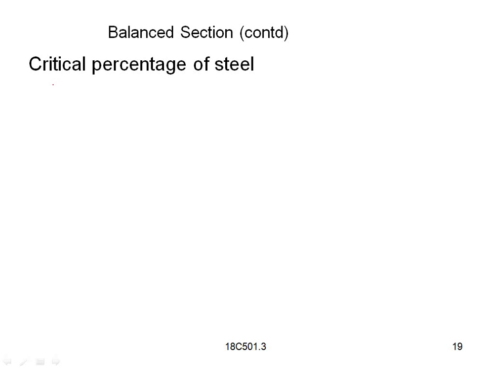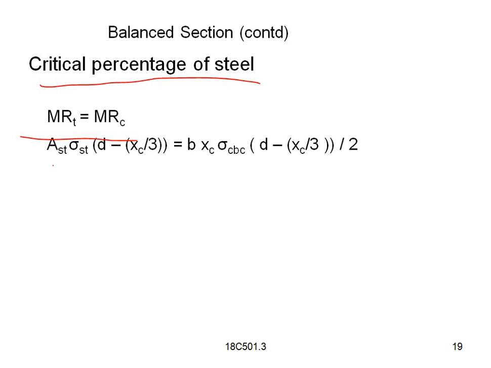So in a balanced section, at the critical percentage of steel, MRT is equal to MRC. Therefore, AST into sigma ST into D minus XC by 3 is equal to B into XC by 2 into sigma CBC into D minus XC by 3.